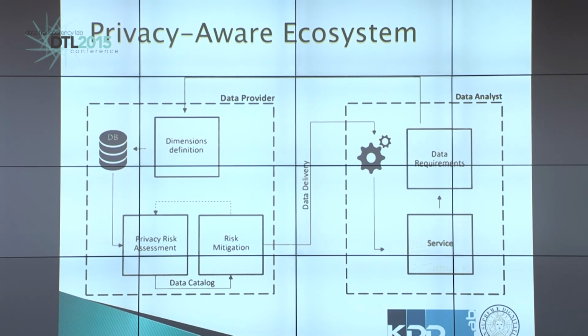The data provider defines the dimensions of the data, makes the query, and analyzes the privacy risk of all its users. Only if the privacy risk is compliant with its expectation are the data delivered to the data analyst. Otherwise, there is another module that performs a sort of mitigation on the data and tries to make safer the users that have some problem. This process is iterated until the data provider is satisfied.